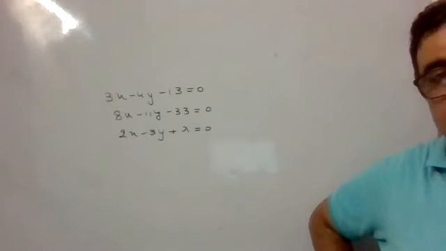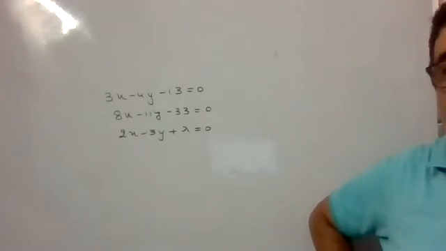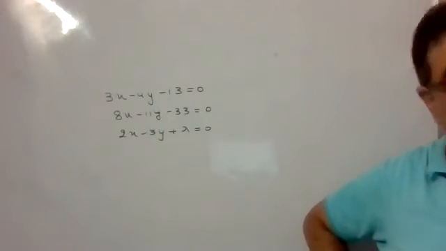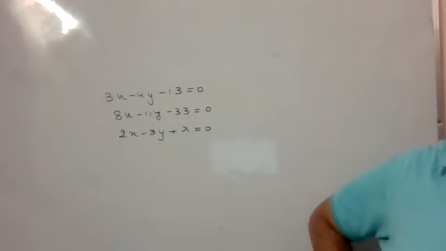Concurrent means all must pass through the same point. तो क्या करें? First two से intersection निकालो, तीसरे में satisfy कर दो. You will get your lambda.